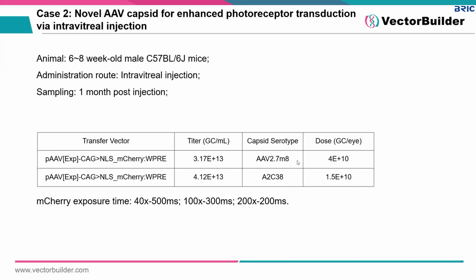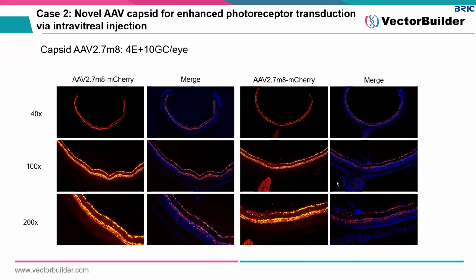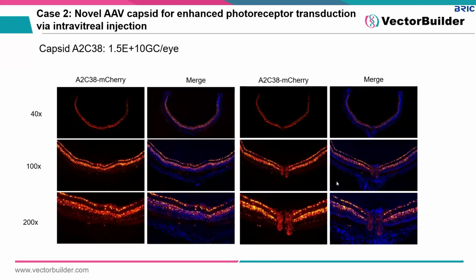So this A2C38 is our novel capsid, and this AAV2.7M8 is the published, reported mutant constructed from AAV2. Here I'm also showing you that at a much lower dose for our mutants, we can achieve a similar transduction efficiency. So this is the AAV2.7M8 result in vivo, and this is the A2C38 result.